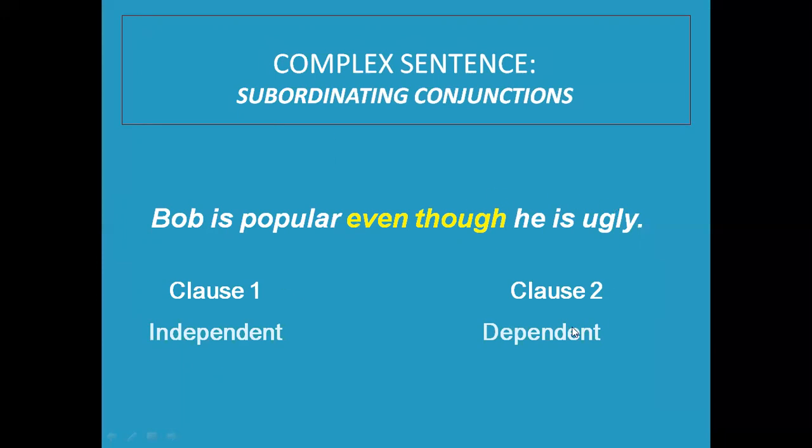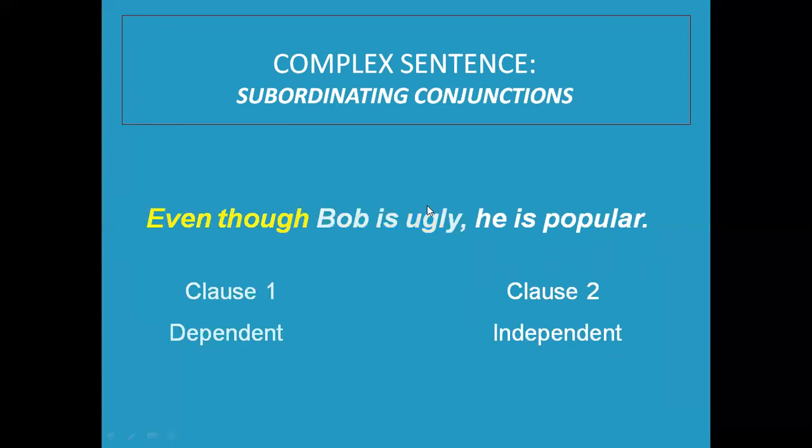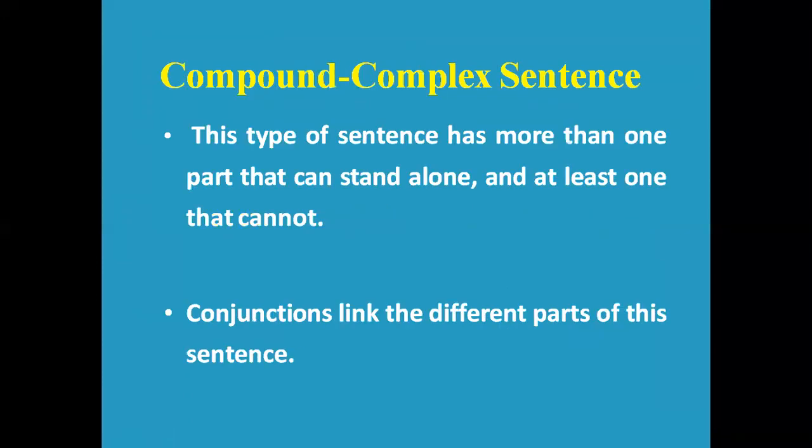Even though he is ugly, dependent clause. Even though is the subordinating conjunction. You can also change the place of subordinating conjunctions. Even though Bob is ugly, he is popular. You see, you can also use it at the beginning of the sentence.